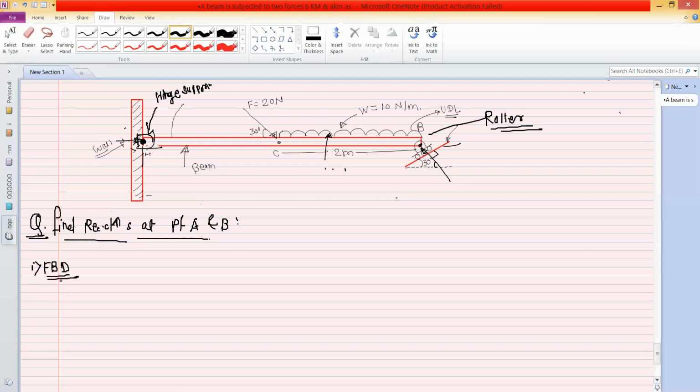When you draw the free body diagram, you have to isolate the beam from its surroundings, and show the reactions at the supports. For a hinge support, we show two reactions, and for a roller support, one reaction. So first draw the beam AB as it is.